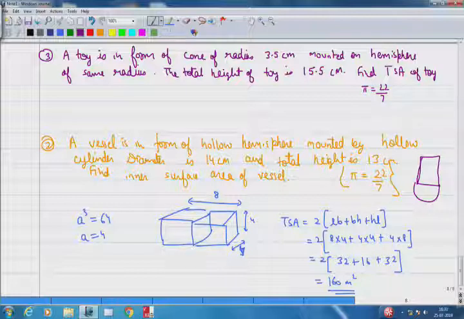Try the third one now, CC4. And all of you please give me the answer for the second one. The first answer is 160. Please solve the second one, all of you.